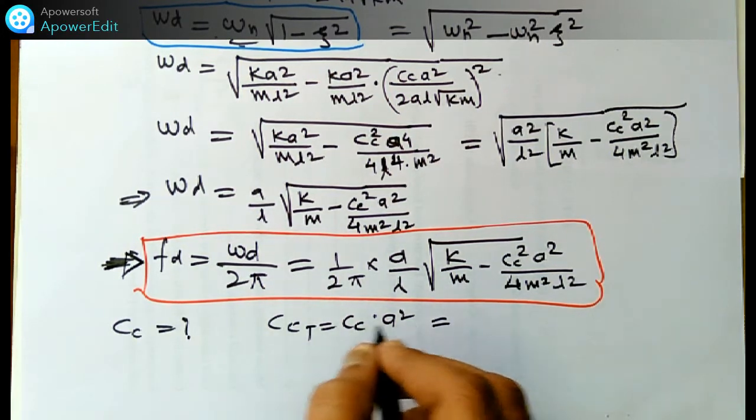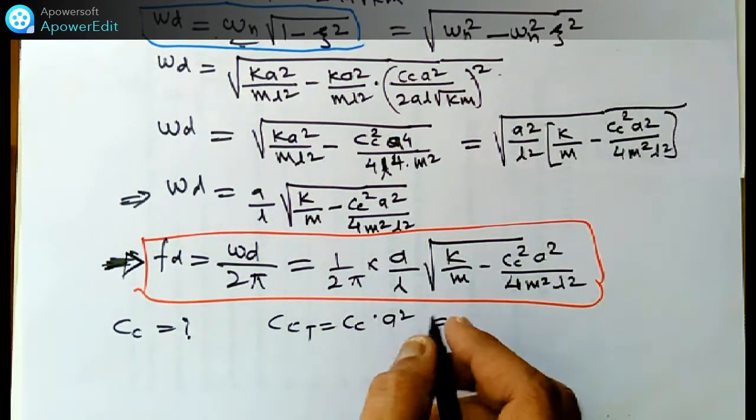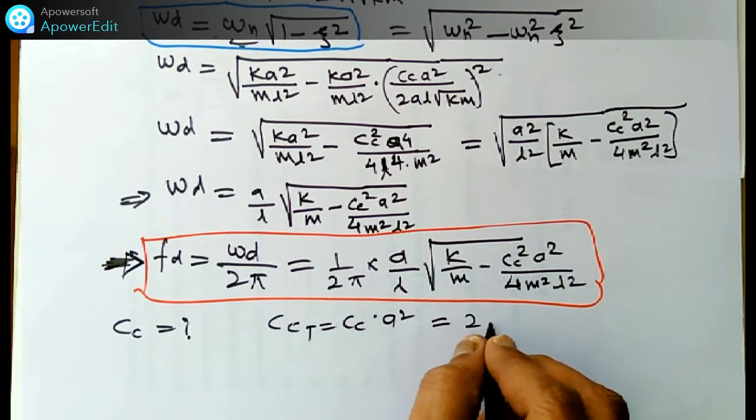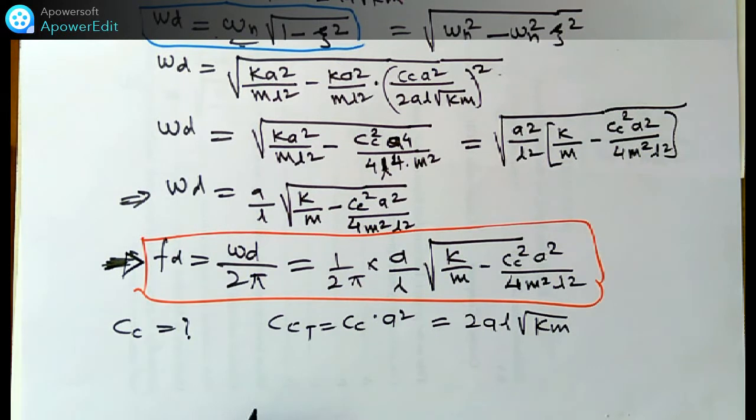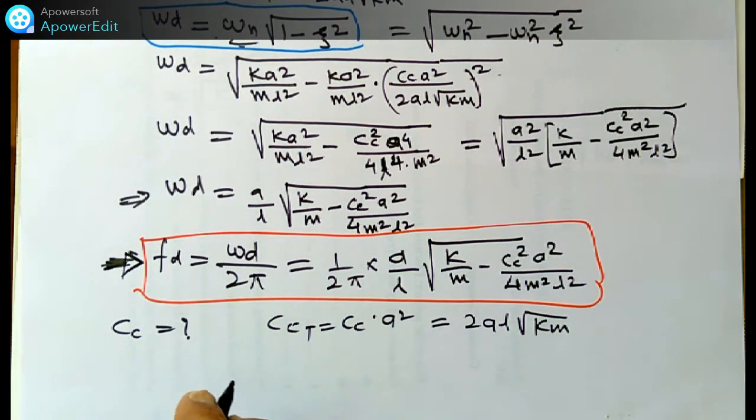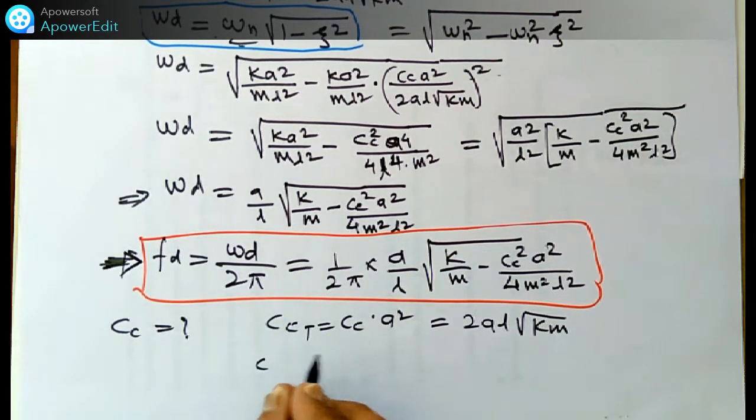What is the value of Cc then? As this Cc is equal to Ct, this is the critically damped condition. Using these two terms, Cc a square is equal to 2aL under root of Km.